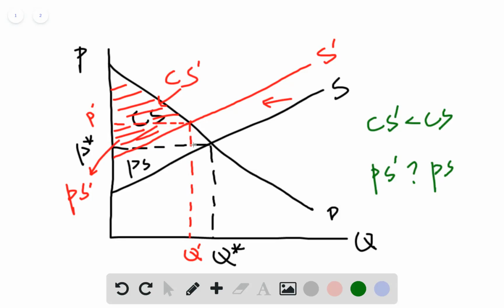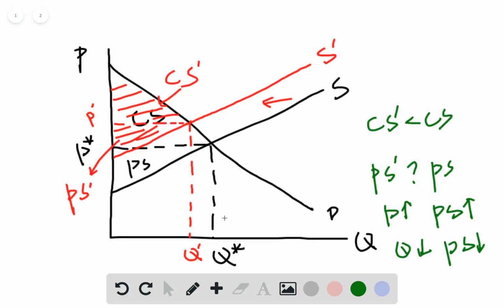But the equilibrium quantity decreases. Quantity decrease means that probably the producer surplus will also decrease. So the price increase leads to producer surplus increase, but the quantity decrease leads to producer surplus decrease. So when we combine these two, it's hard to tell whether the producer surplus increases or decreases.